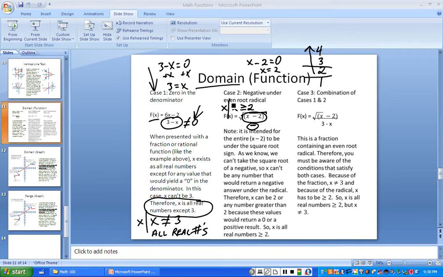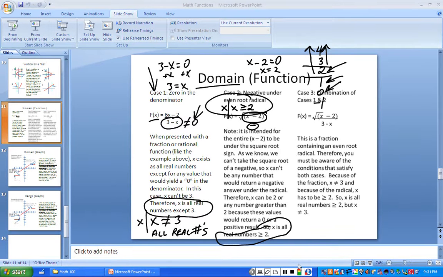If we plugged in anything less than 2 for x, we'd get a negative value under the square root sign, and we can't take the square root of a negative. So this would be an example of our domain.